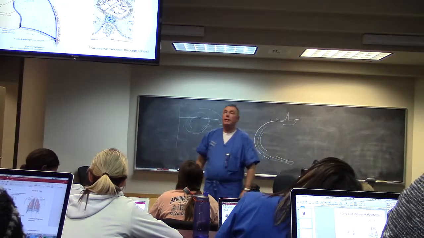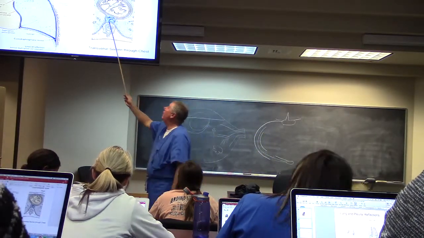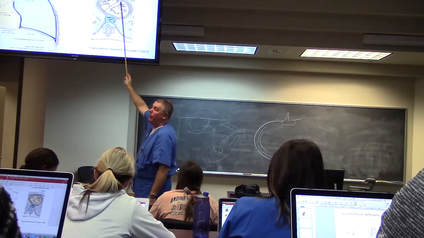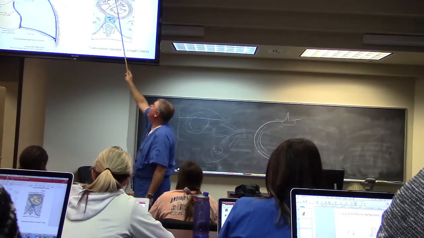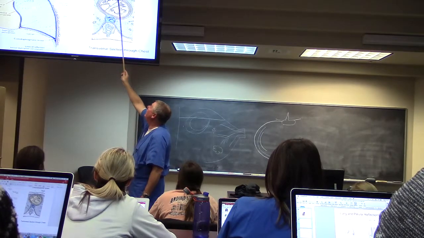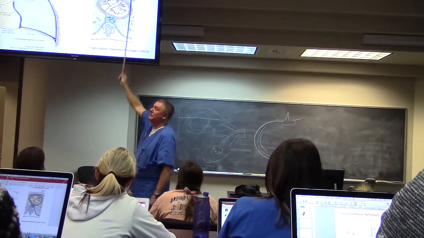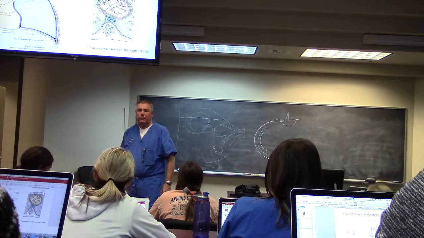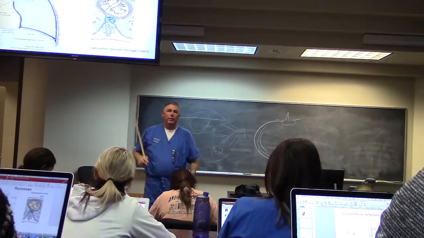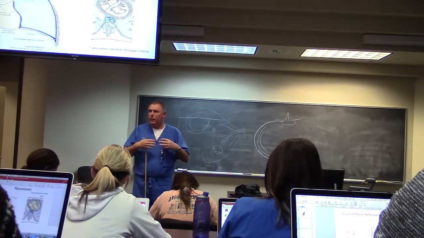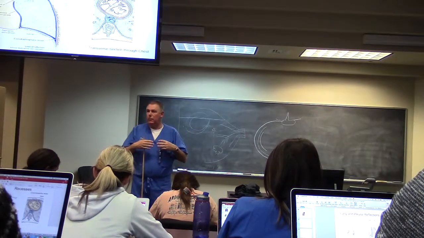There are 2 more recesses. If this person is lying down, in front of the lung and in front of the heart, there's 2 little recesses here where there's no lung tissue. These are called the costomediastinal recesses. They're where the pleura wraps around the front of the heart, but the lung doesn't.